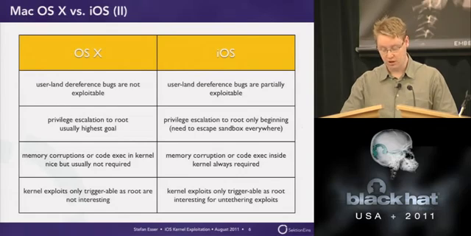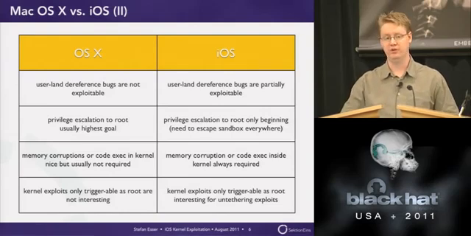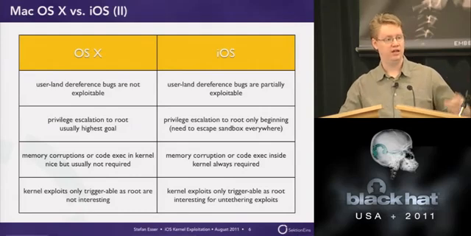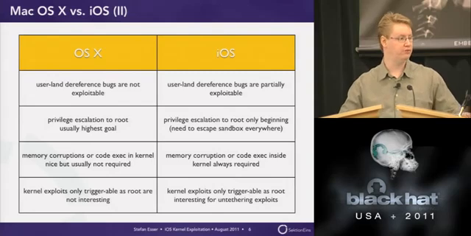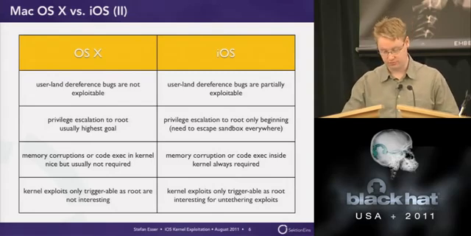So you don't care about this in macOS. But in iOS, these things are very valuable because you require them to stay on the device when it reboots. You need to be able to exploit the kernel from the boot chain, and at that time you are root, so you can use bugs that are only exploitable as root.